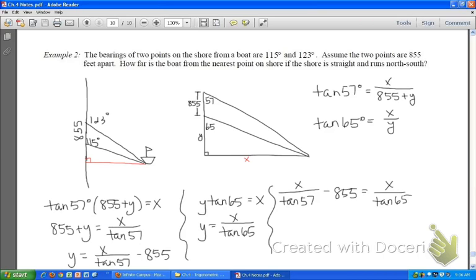I would not even worry about the fractions right now. I would get my x's on the same side. So I would do x over the tangent of 57 minus x over the tangent of 65 equals, and then add over my 855.